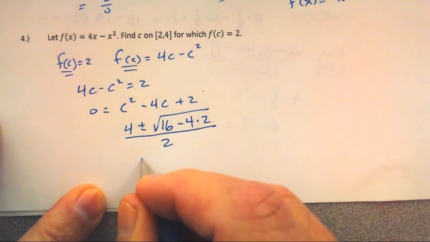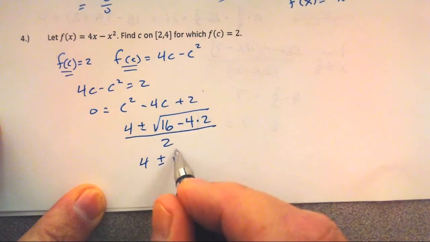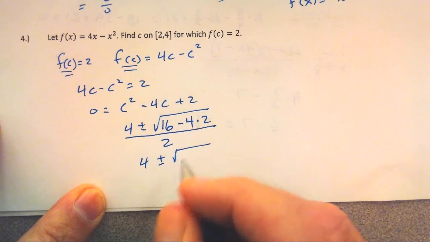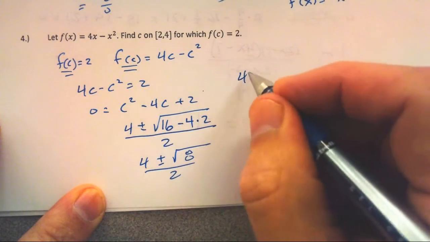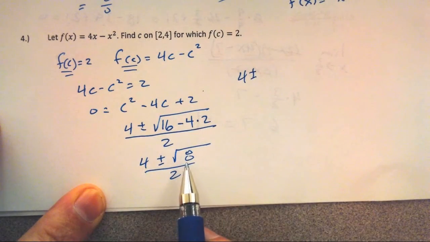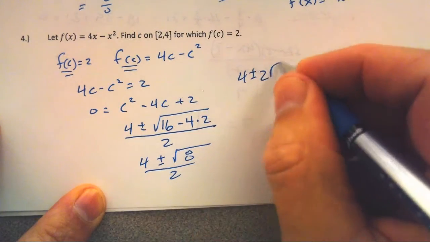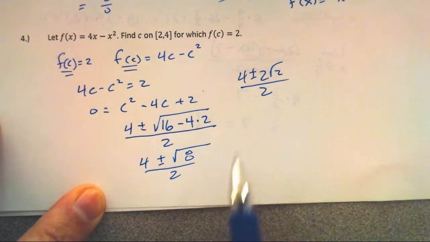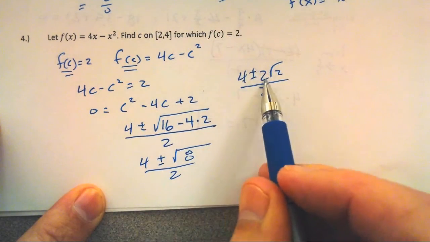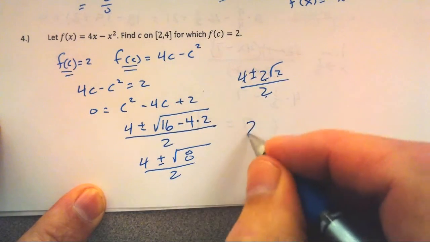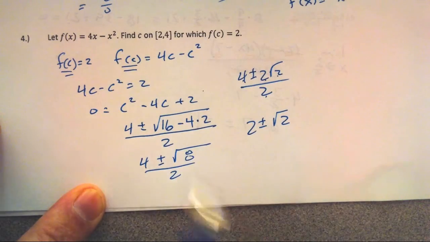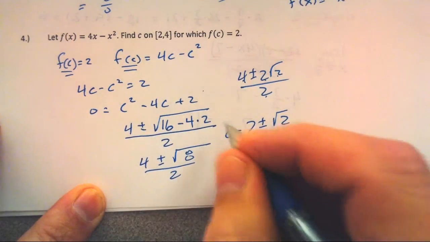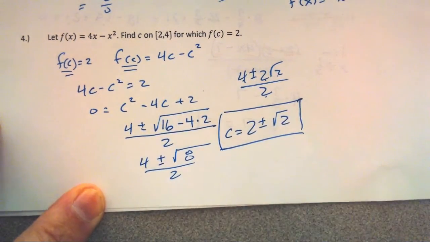So I get 4 plus or minus root 16 minus 8, 8, over 2. This is 4 times 2, square root of 4 is 2, root 2, over 2. I've got 4 apples and 2 oranges, divided by 2, I get 2 apples and an orange. So c equals 2 plus or minus root 2, and there's our solution.